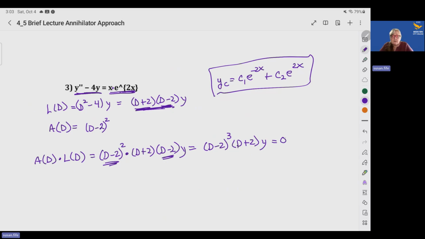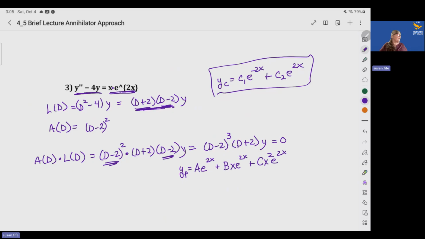So we want to take out the functions that match the original L of D. So we're going to take out this D plus 2. We're going to take out a D minus 2 as well. But if I were to write the functions that this annihilates, D minus 2 cubed is going to annihilate, so I'm going to say y sub p is a e to the 2x plus bx e to the 2x plus cx squared e to the 2x.